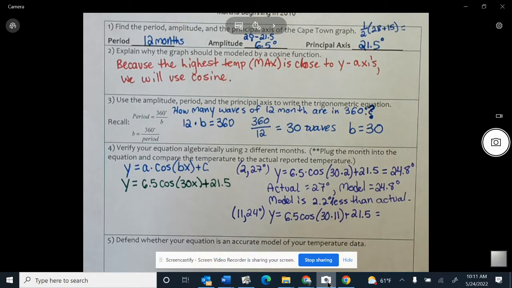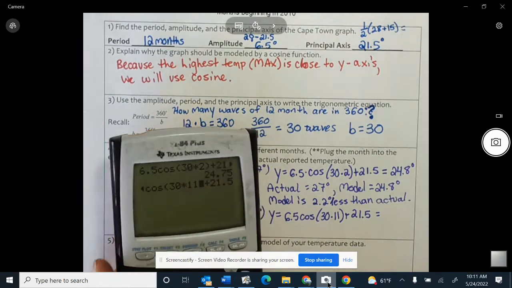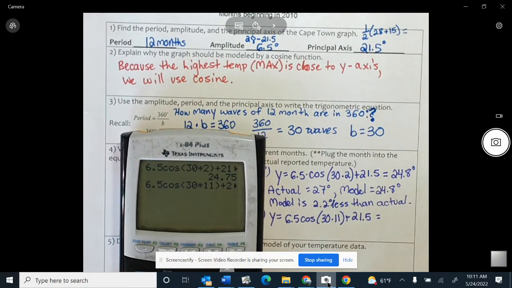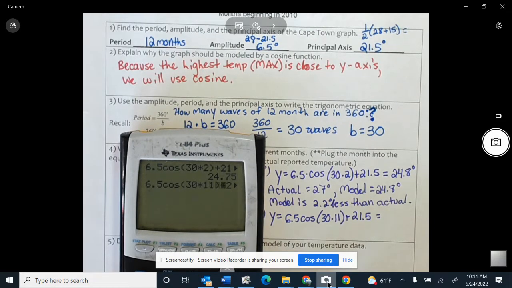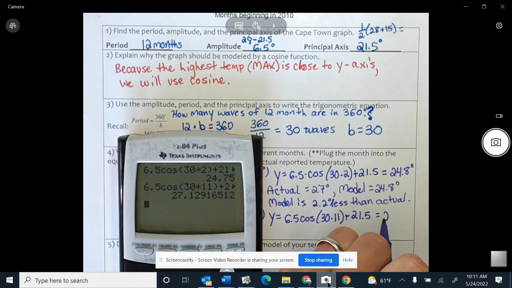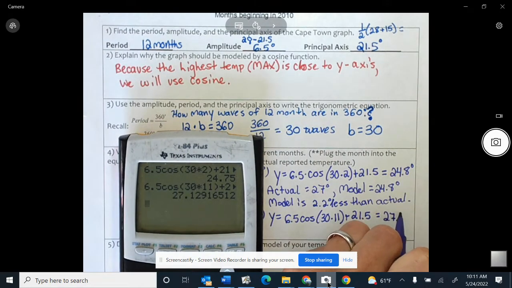So now instead of 2, I'm going to substitute 11. So you have 6.5 times the cosine of 30 times 11, and then add that principal axis. And we get 27.1 degrees.